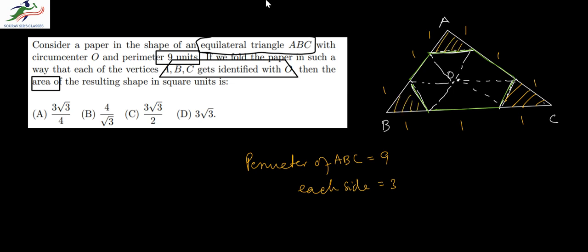So these 3 shaded triangles are all equilateral triangles, which will have the area of root 3 by 4 into 1 square.